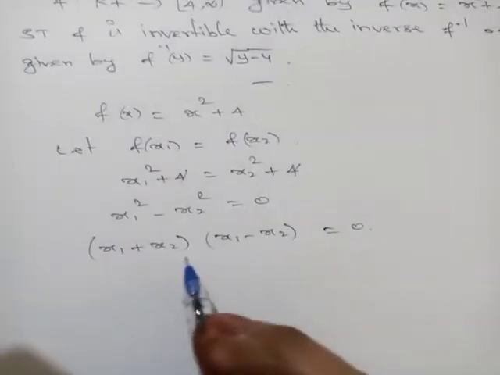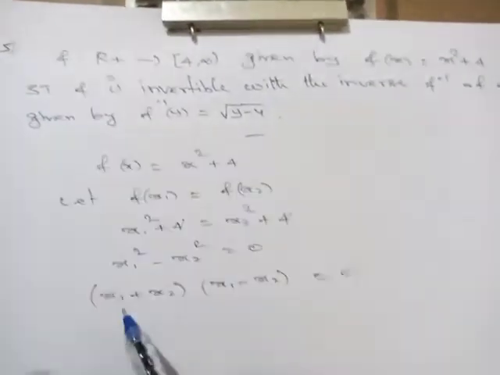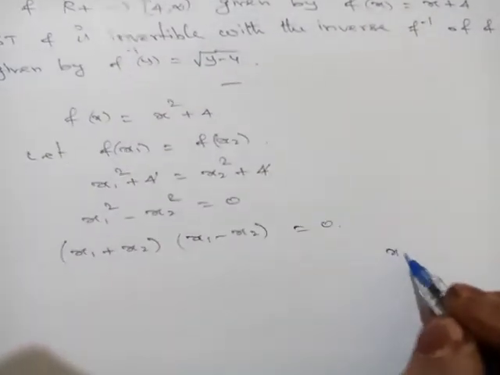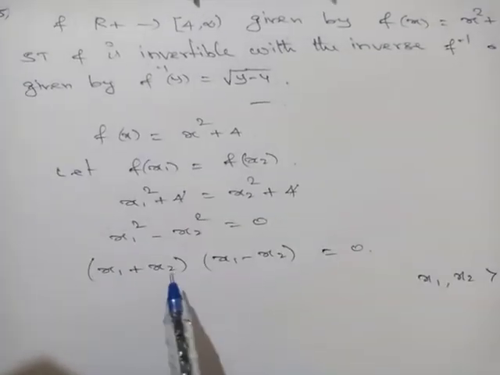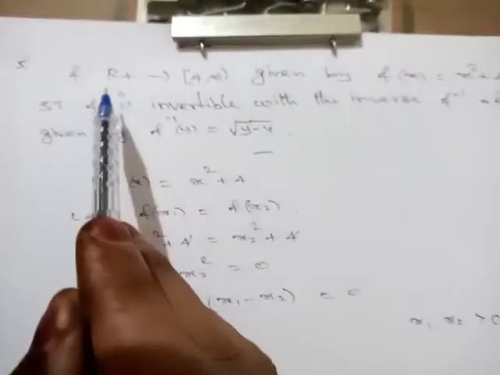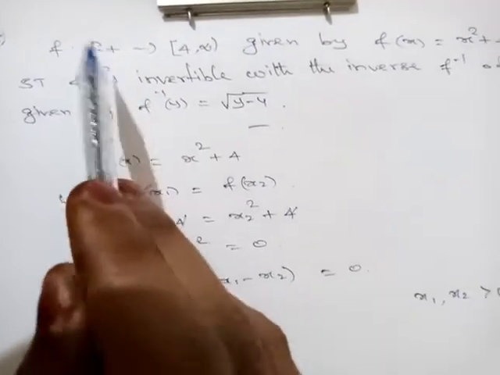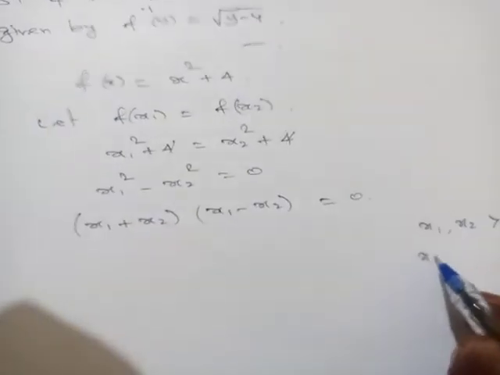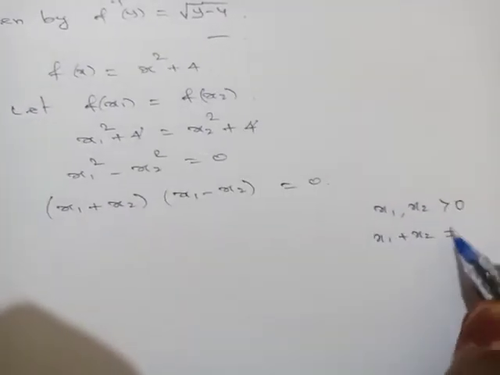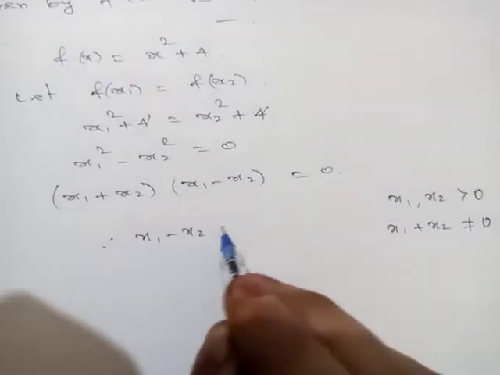So individually we can make it equal to 0, but this will not become 0 because see that x1 and x2 are greater than 0, right? x1 and x2 both are greater than 0. They given that R+, that is the domain contains only positive values, therefore x1 plus x2 not equal to 0, therefore the only possibility is x1 minus x2 is equal to 0.